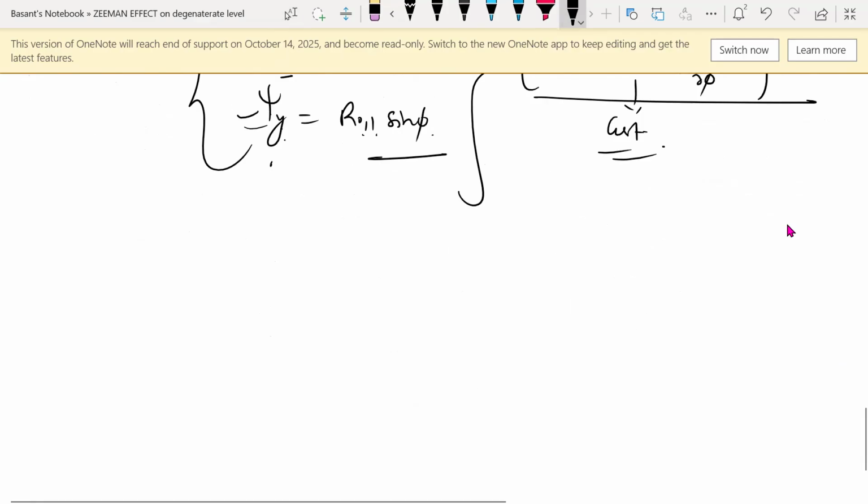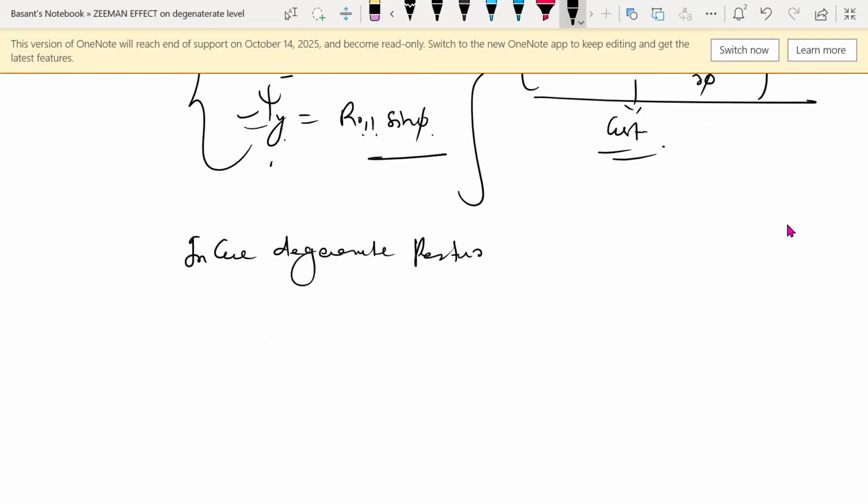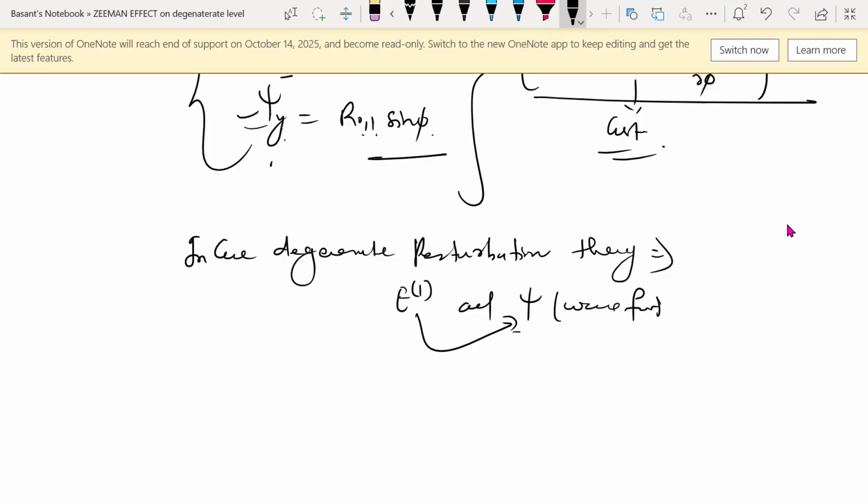Now, in case of degenerate perturbation theory, how can we calculate the first order energy correction and the wave functions corresponding to this energy?